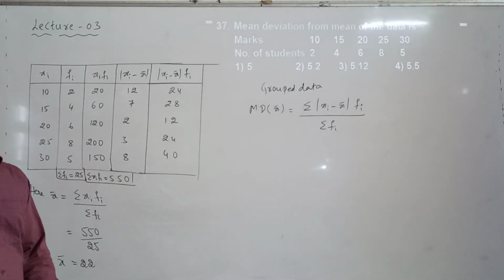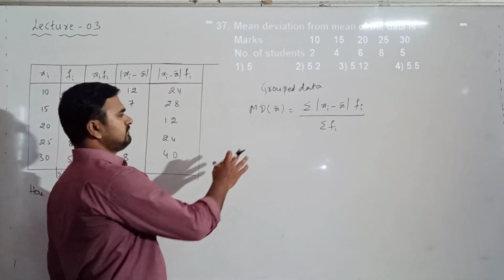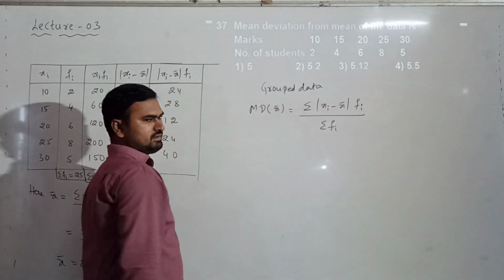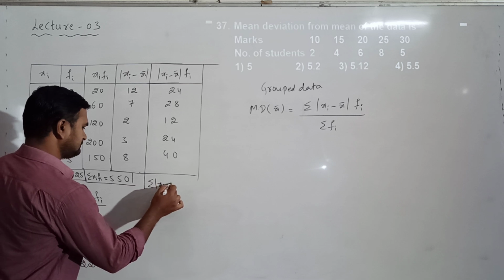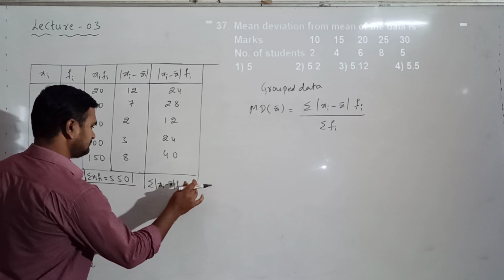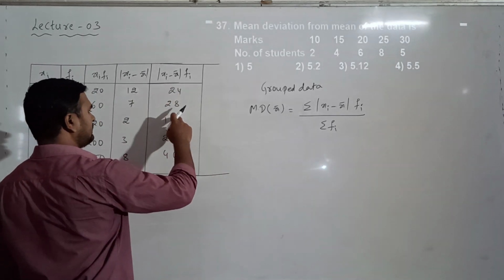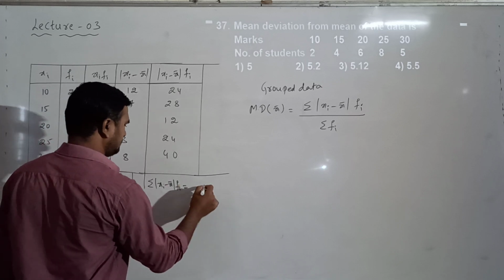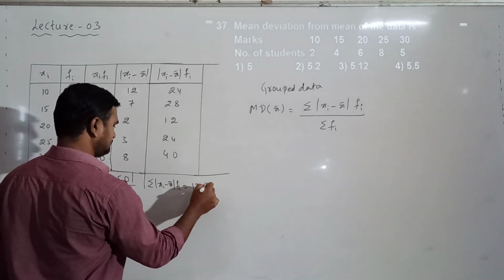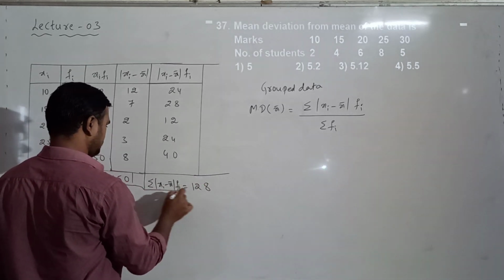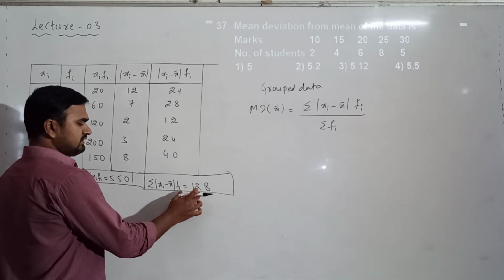Okay, so this is the modulus of xi minus x bar into fi. Now for finding the mean deviation, we need the sum of this, sigma. What is the sum of all this? The summation is 128.